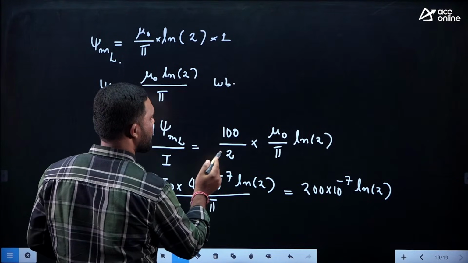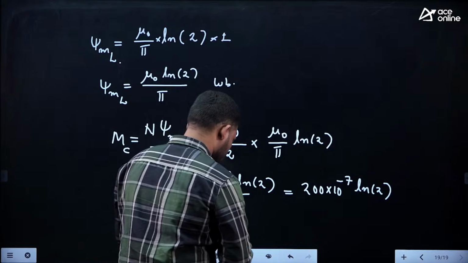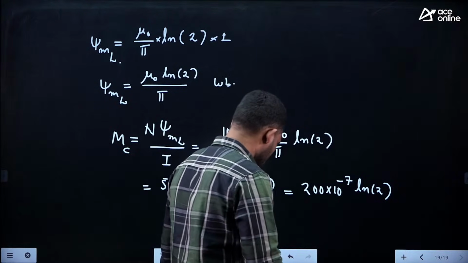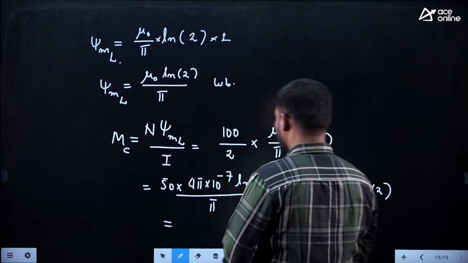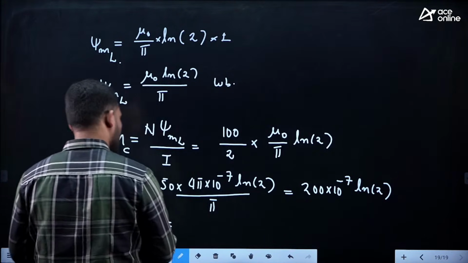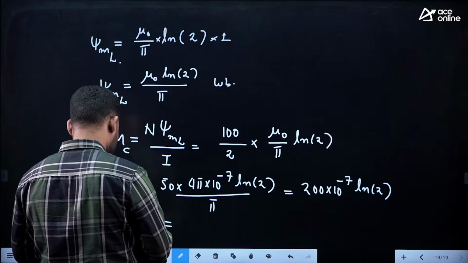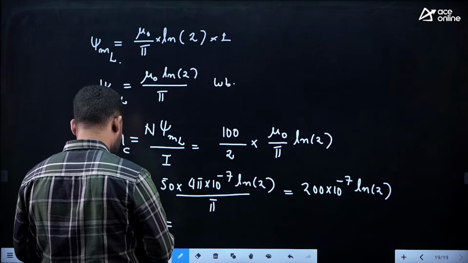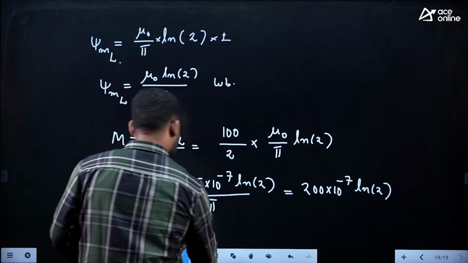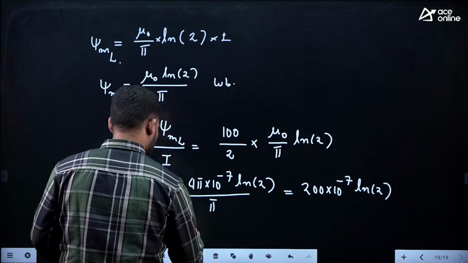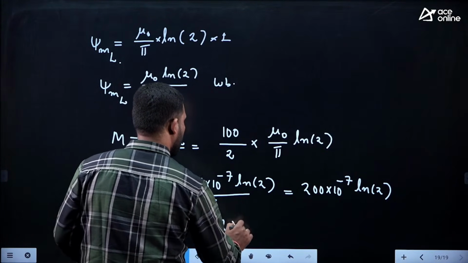He is asking in micro. Okay, let us check this value. It is 200 into natural log of 2, which is 138.62 into 10 to the power of minus 7.